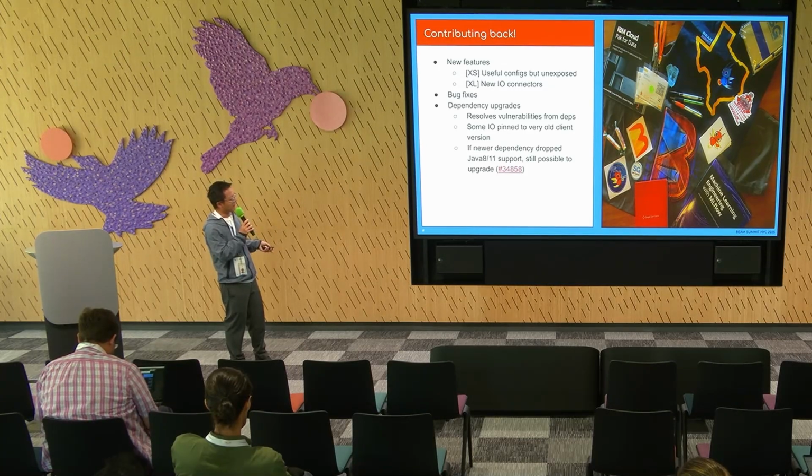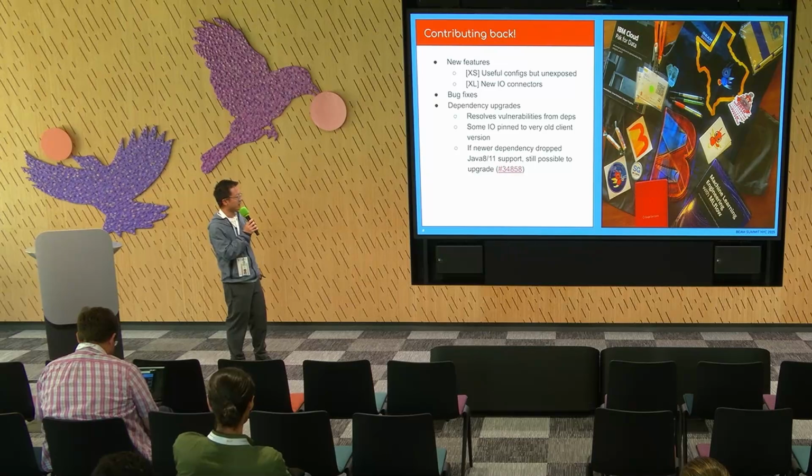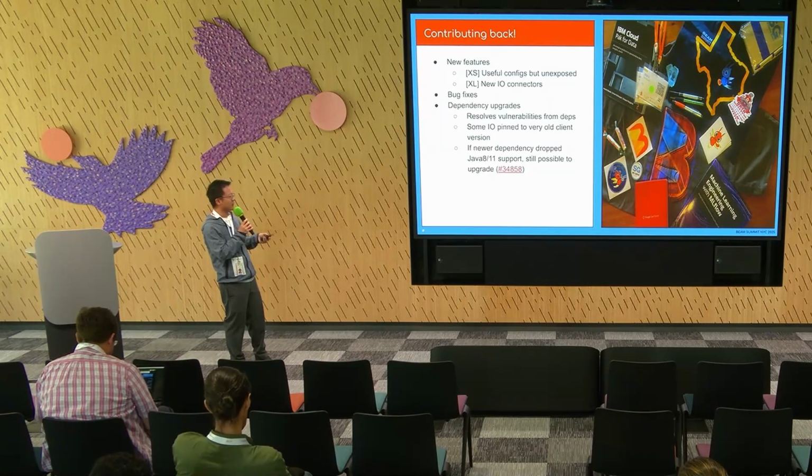We recently upgraded, for example, the Debezium IO to Java 17 because the latest Debezium version already dropped even Java 11 support. So there is a little bit you need to do in your build.gradle file if your new component is on a newer Java version, and it's possible.